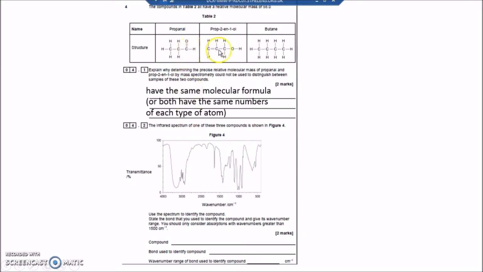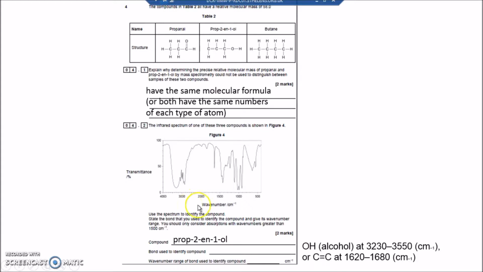So it must be prop-2-ene-1-ol. The other way of recognizing it is that you've got a carbon-to-carbon double bond, which is this one here at around 1,600 to 1,700. So the compound is definitely prop-2-ene-1-ol because of this broad OH absorption.